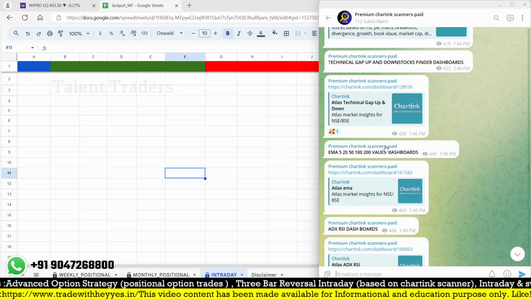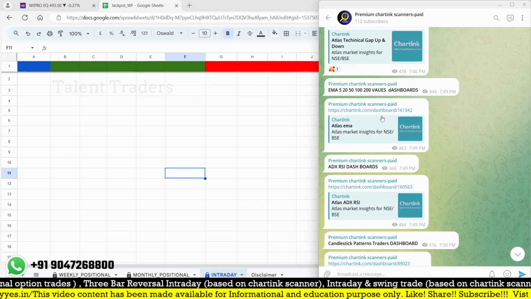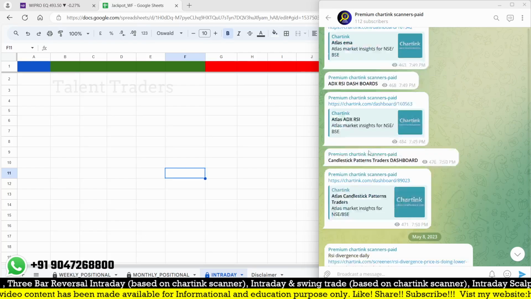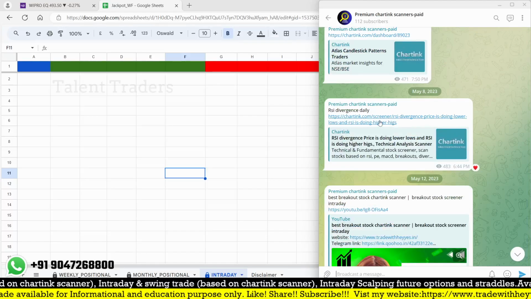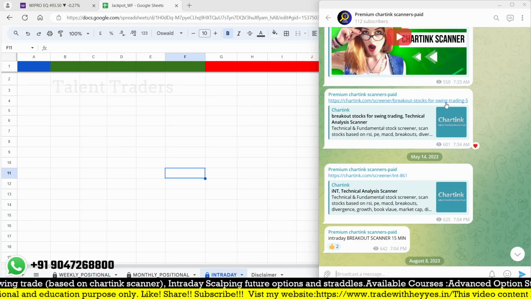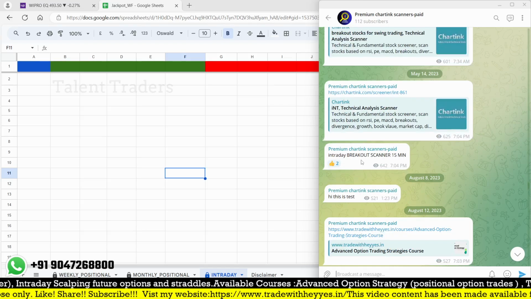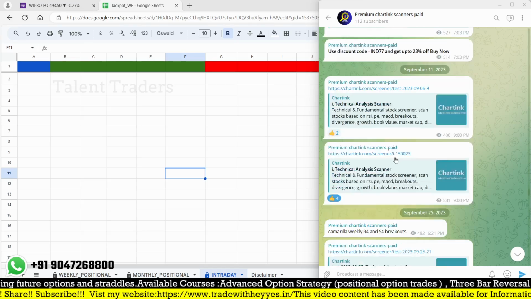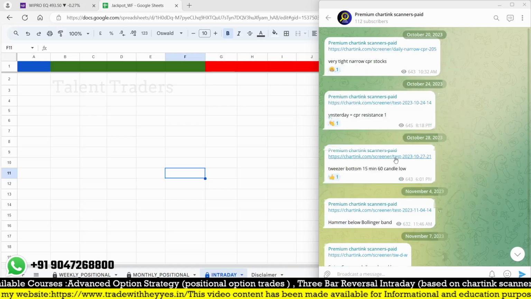And this is gap up and gap down, and EMA value dashboards, and one more dashboard, ADX RSI dashboards, candlestick pattern dashboard, RSI divergence, and custom screener, swing trading. One more thing, swing trading, and intraday breakout scanners will be here. So these are all the things available in my premium group.